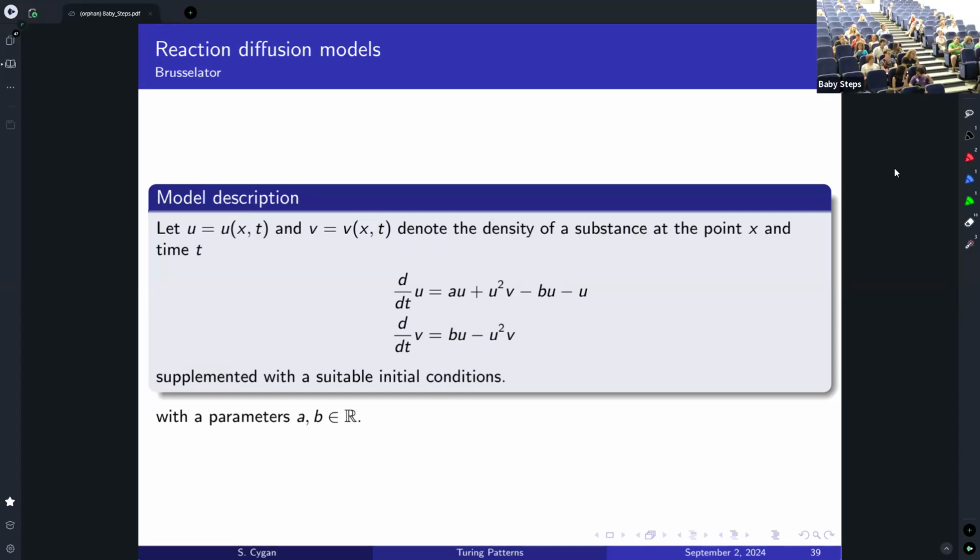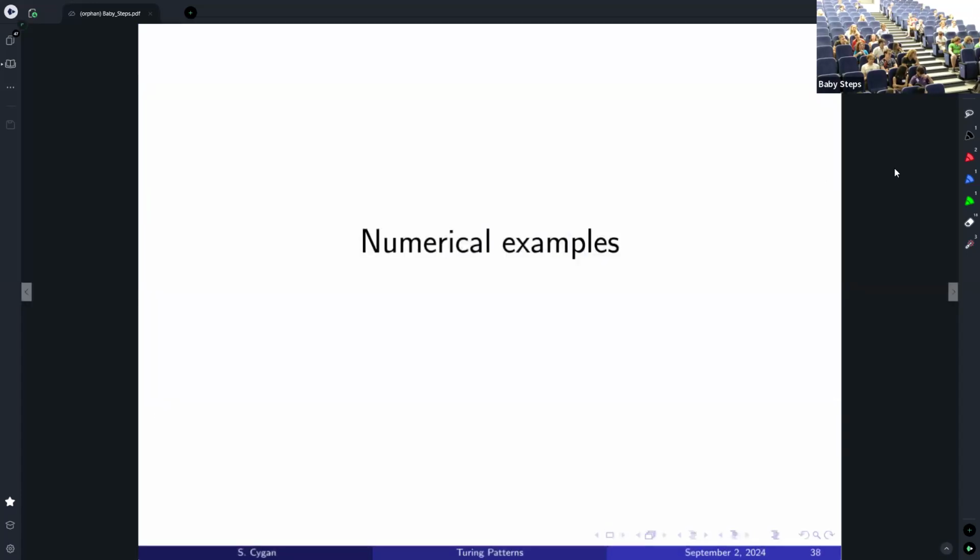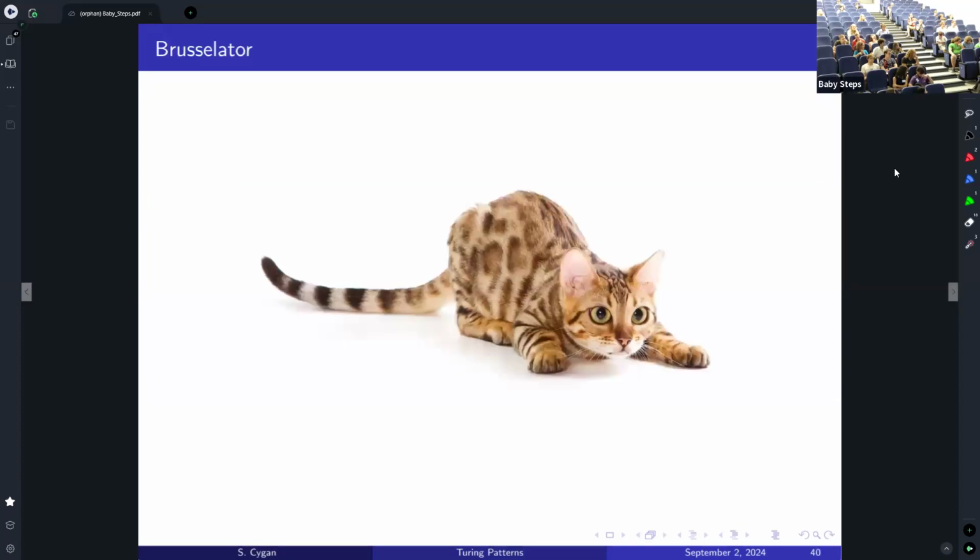Okay, so I was thinking about this cat book. We explained what happens on the body and on the tail.